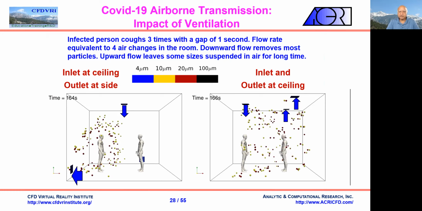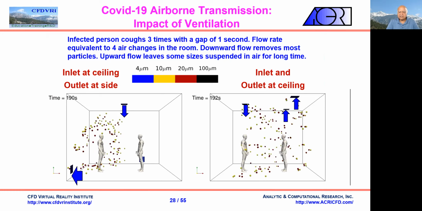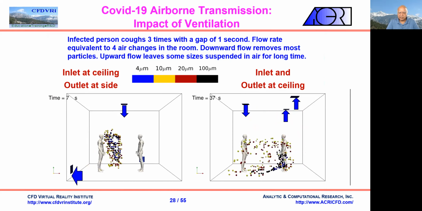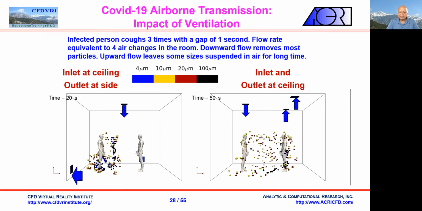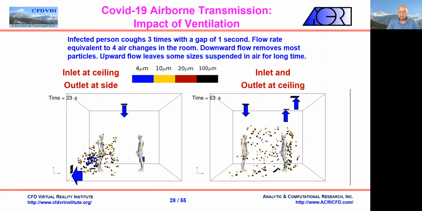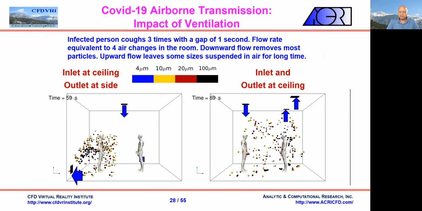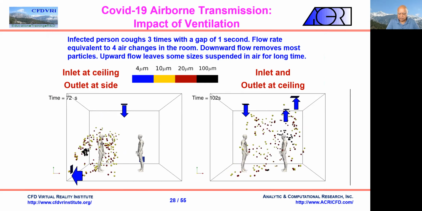Both scenarios occur in practice. And you can see that if inlet and outlet are in the ceiling, the flow paths go back to the ceiling and engulf a recipient at the other end. So the basic message should be that we look at airborne transmission. It is possible, and it happens.